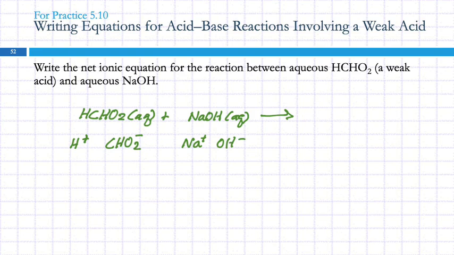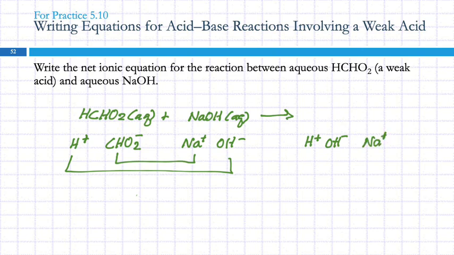And then we're going to swap partners and see what happens. I'm going to draw the water first this time just because. So we put H+ and OH- together, and we're going to have Na+ and CHO2-. So hydrogen ion and hydroxide ion are going to form water.